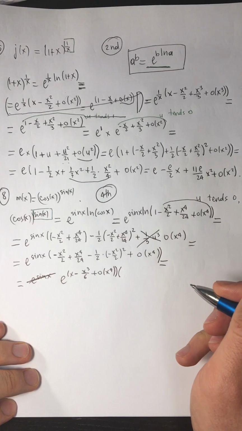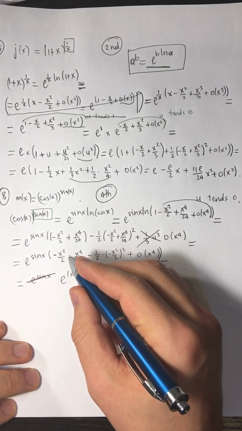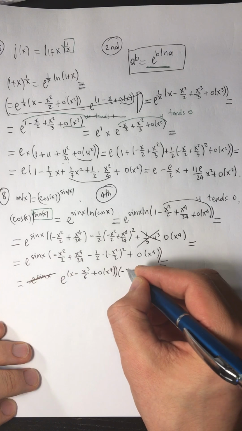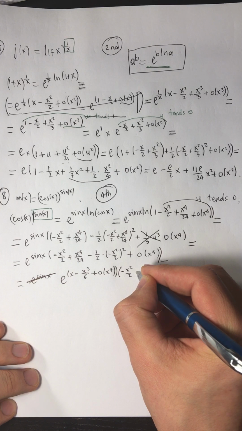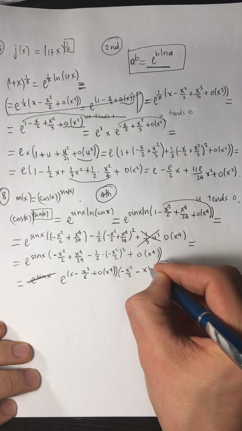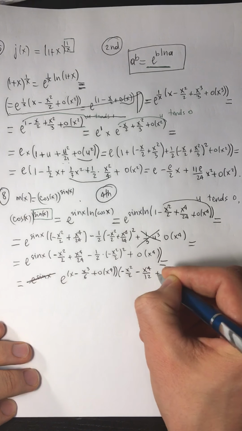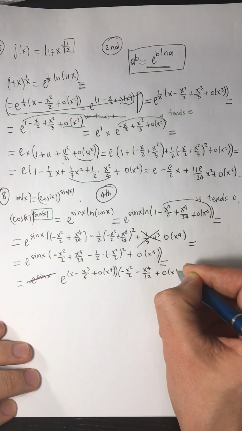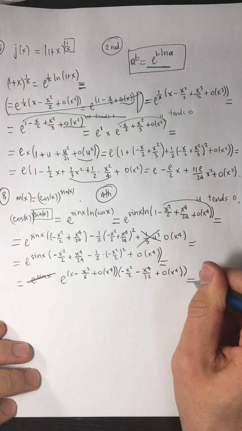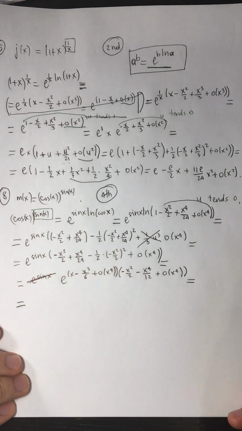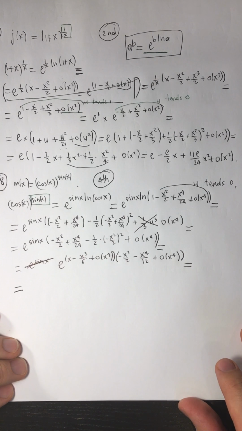I need one bracket here. This one is going to be minus x squared divided by 2 minus x to the 4 divided by 12 plus o(x to the 4). Okay, I continue, move a bit up.